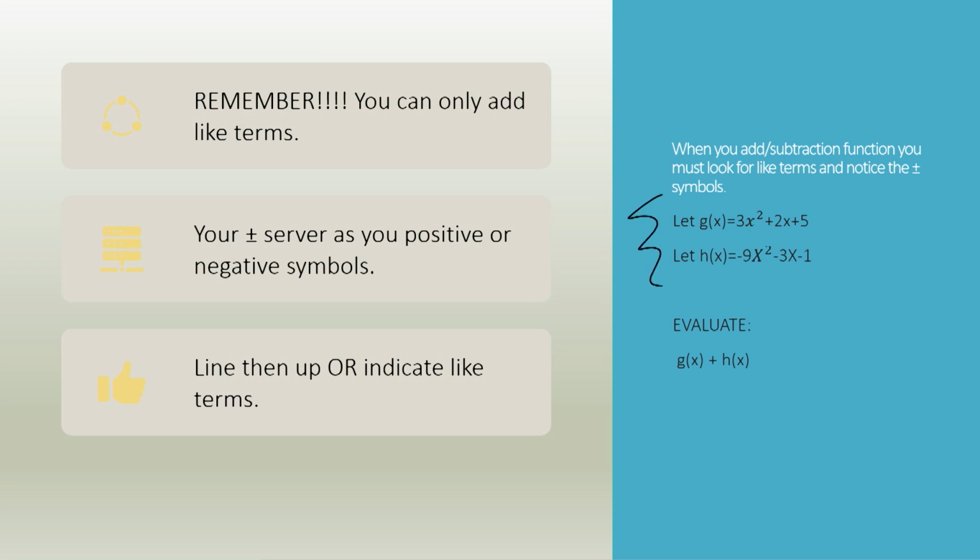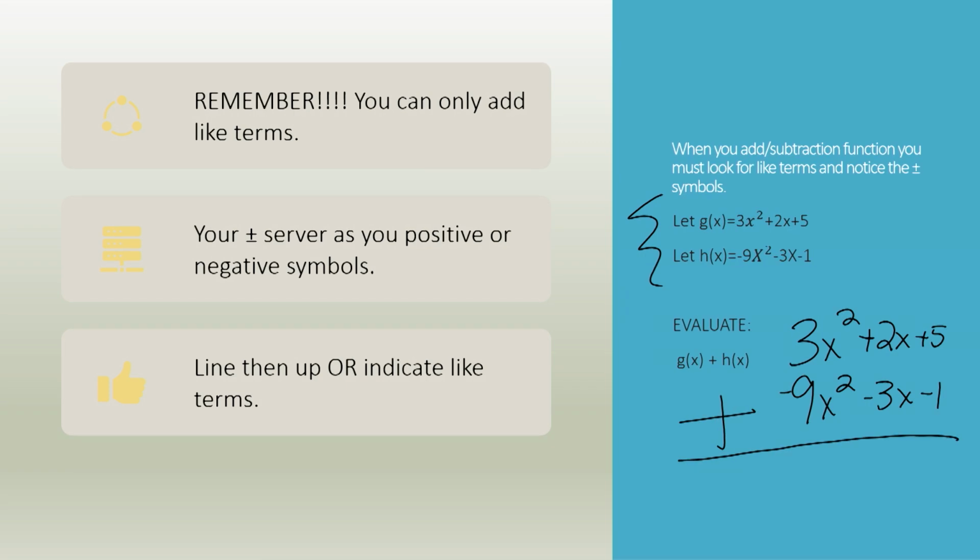I have g of x and I have h of x. Now it tells me to evaluate. So what I do is I'm going to put my g of x here. And I'm going to add my h of x, which is negative 9x squared minus 3x minus 1.